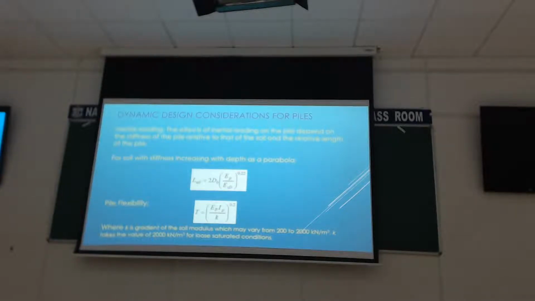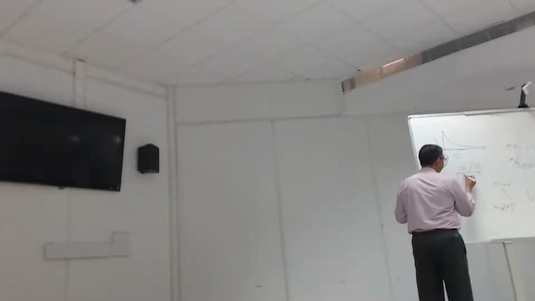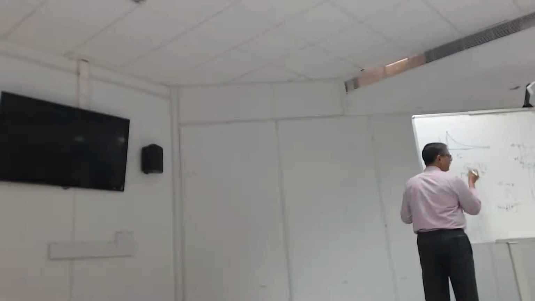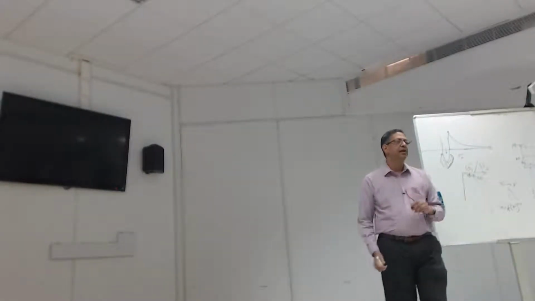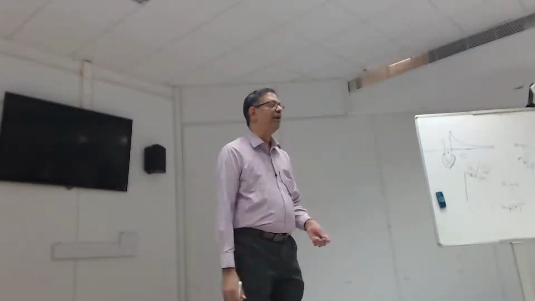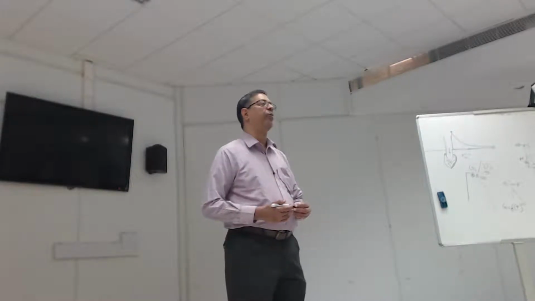The other thing is, it's defined at a depth of the pile diameter. So what is the pile diameter? Maybe half a meter. So they want you to determine the Young's modulus of the soil at very shallow depth. Again, we know soils are fairly unreliable under very low confining stress. It hardly has anything to go by.